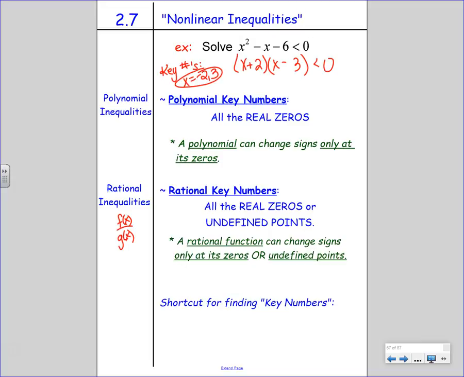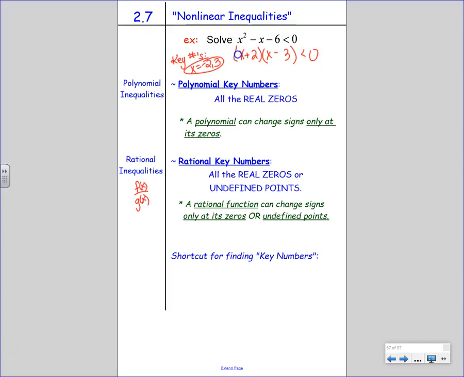So the shortcut for key numbers for this one is take your f, take your g, and if you have one fraction that could be less than or greater than 0, I'm just going to use less than as an example, could be or equal to, doesn't matter. If you have a fraction with an inequality to 0, how you find your key numbers is you set the numerator equal to 0, aka f of x, and then you set the denominator equal to 0. I call it a little pitchfork. With a fraction, you're setting the top equal to 0 and the bottom equal to 0.